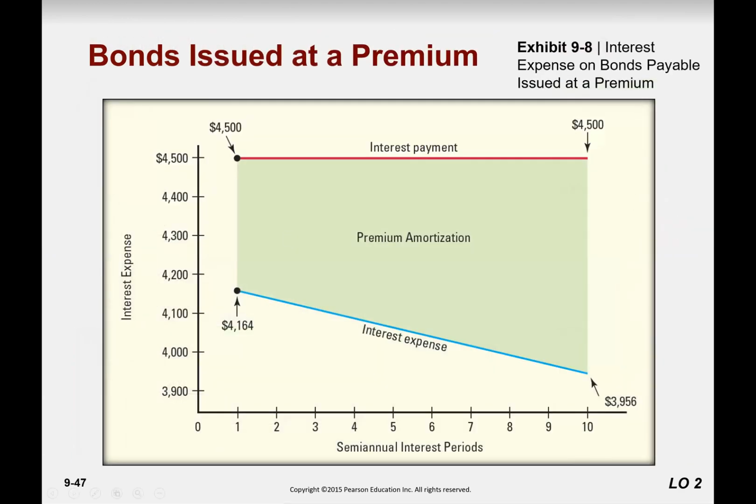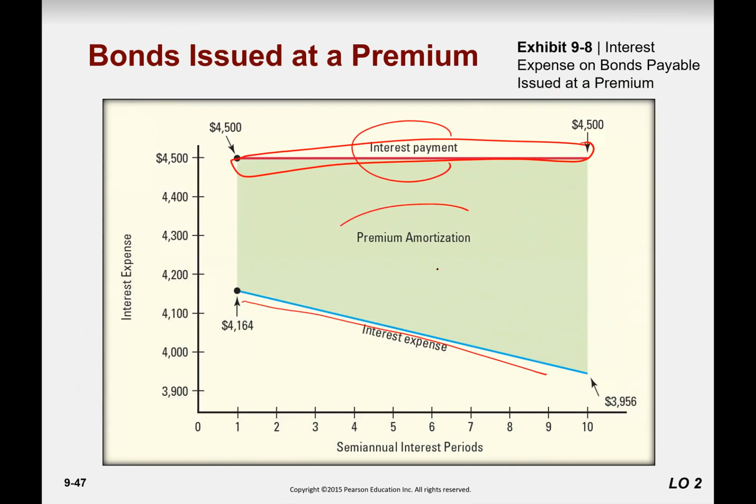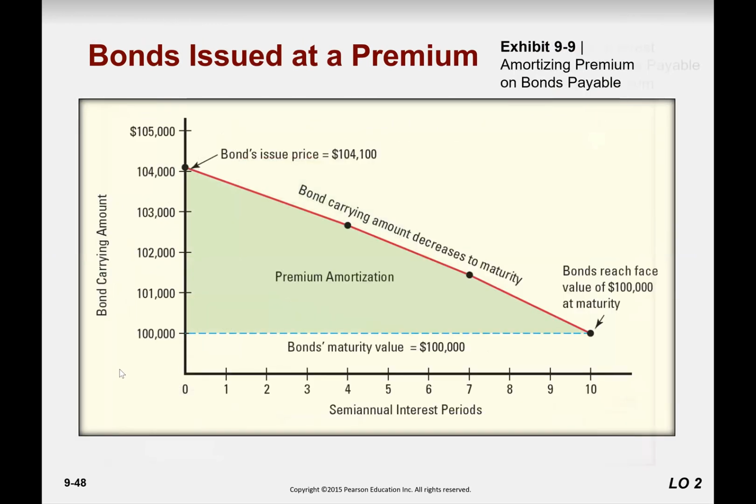So this is how the interest payments are higher than the interest expense. So gradually interest expense lowers down. Why? Because this amortization is going to be added in the interest expense. Why? Because bond value must approach its maturity value at the end of 5 years. Right?